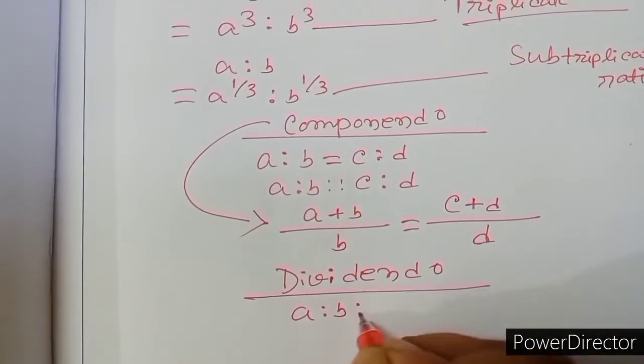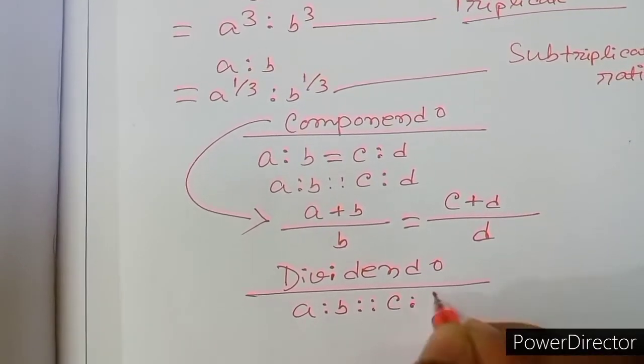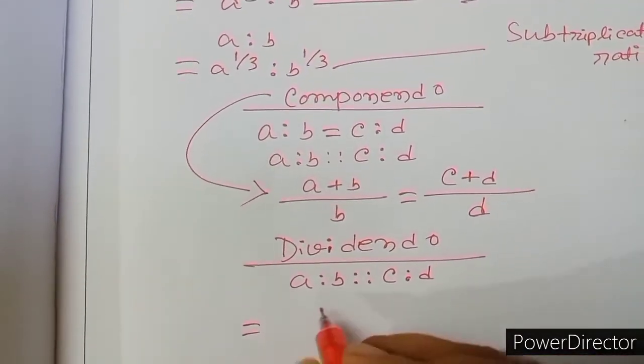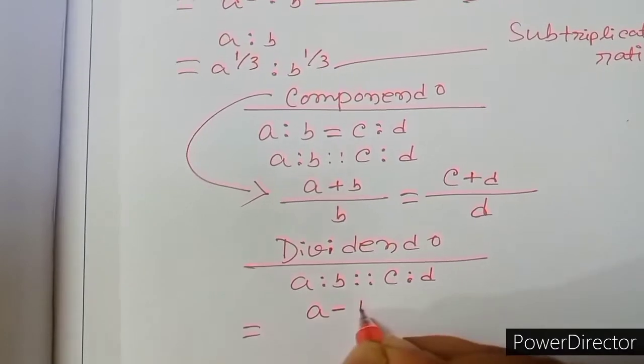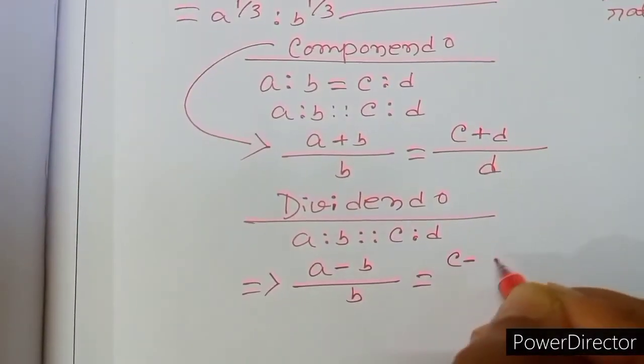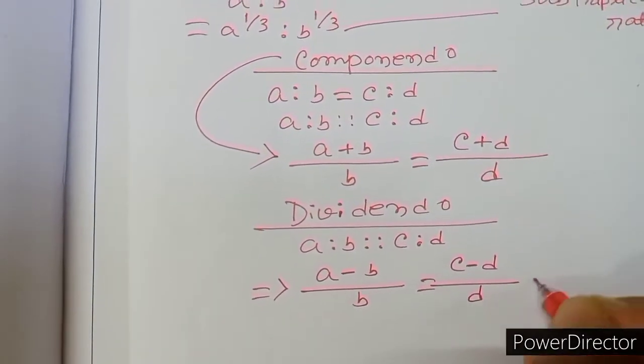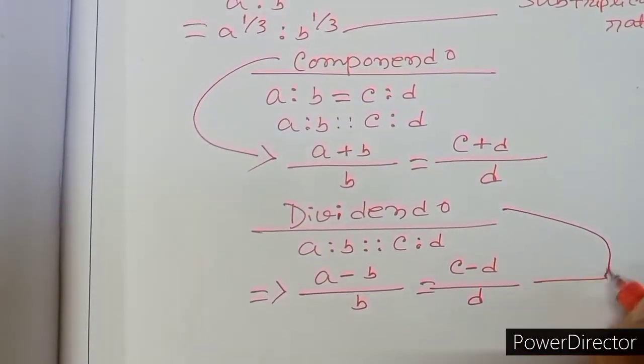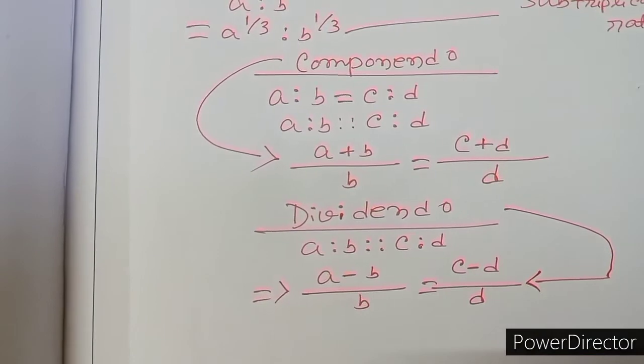Suppose A is to B, C is to D. We can write it A minus B by B equal to C minus D by D. This is called dividendo.